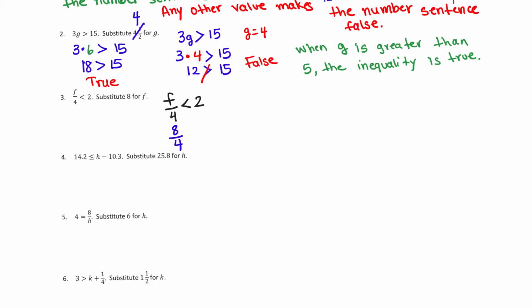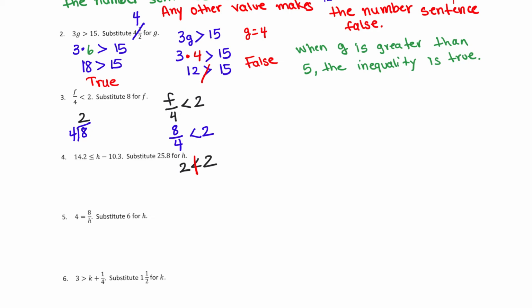Is that going to give us less than 2? What is 8 divided by 4? The answer is 2. Is 2 less than 2? The answer is no, because they both are the same.